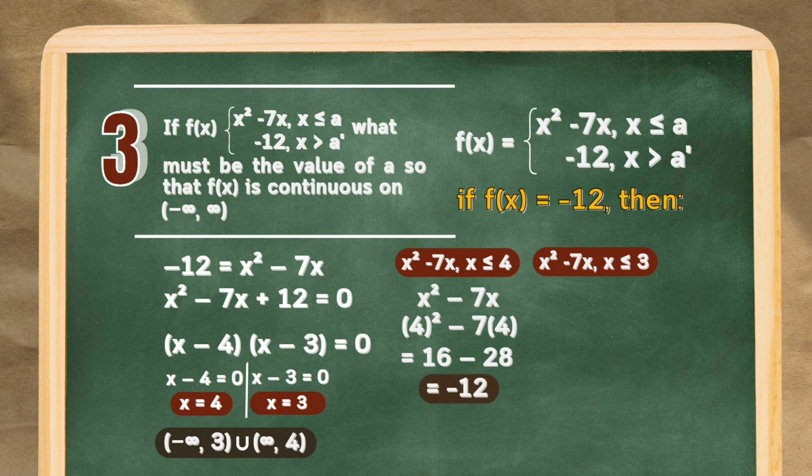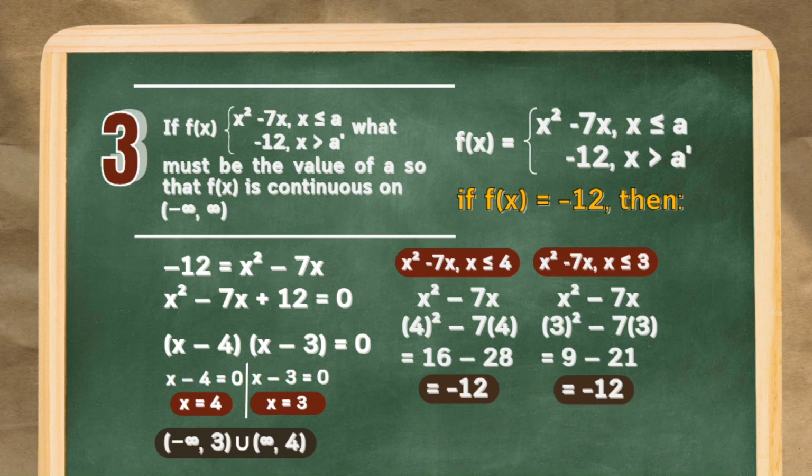Then for x squared minus 7x, if x is less than or equal to 3, let's substitute the 3 to x. So 3 squared minus 7 times 3 is equal to 9 minus 21, which is negative 12. As we can see, both conditions are equal to negative 12. Therefore, 3 and 4 can both be the value of a.